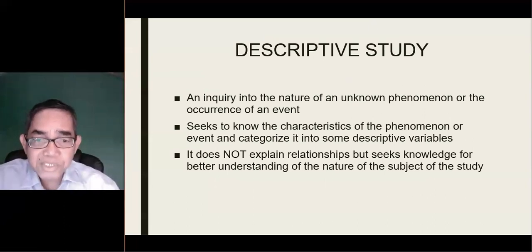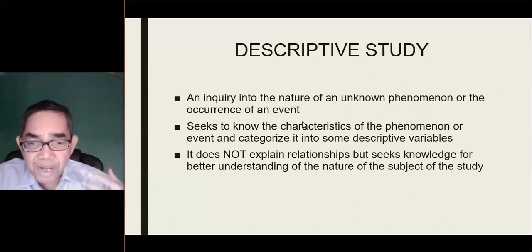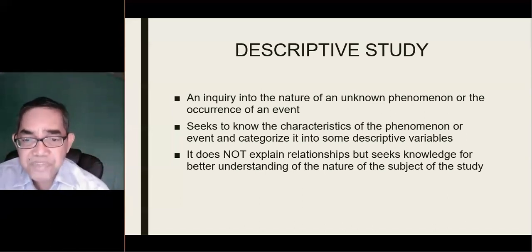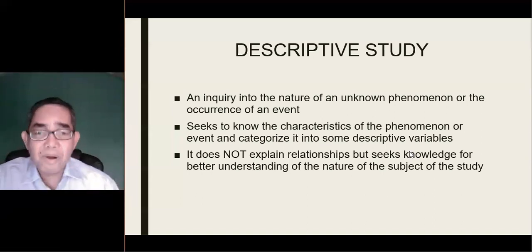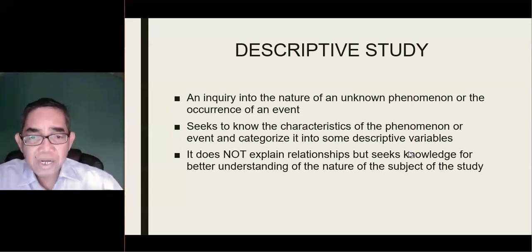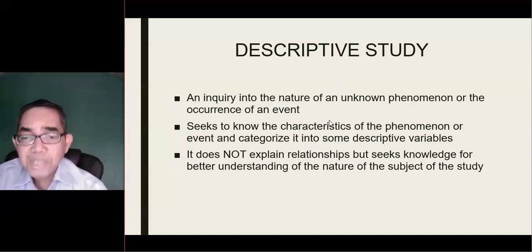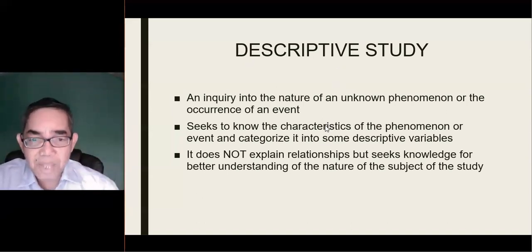We will just look into the characteristics of that phenomenon or event and then categorize that phenomenon into some descriptive variables. And that is why we call them descriptive study. We just describe that phenomenon.